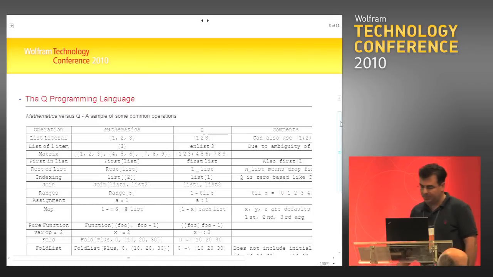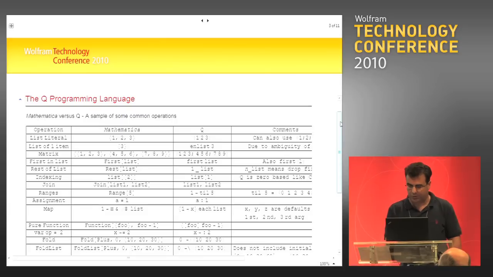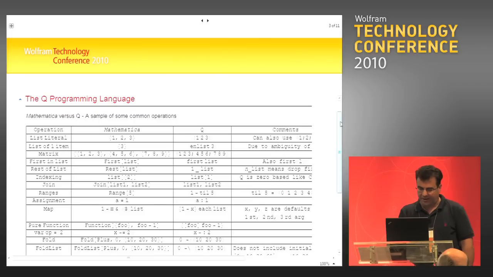If you have a uniform data type, you could just use spaces, but you could also use semicolons optionally. For some operations, Mathematica has First, Q also has first, but you don't need any syntax, no brackets or anything, you just say first of list. But you can optionally use brackets or parentheses.